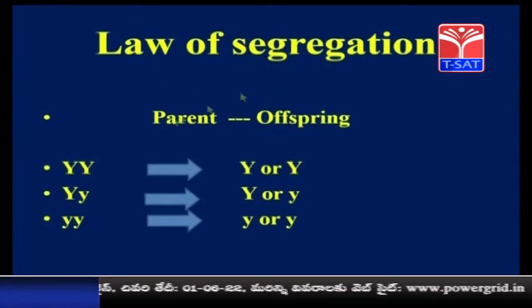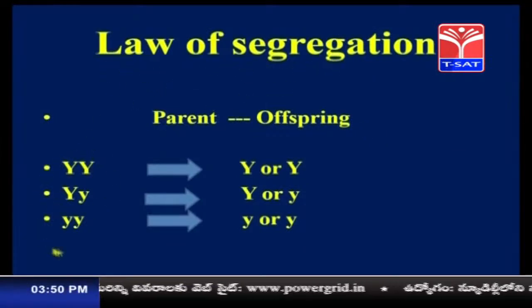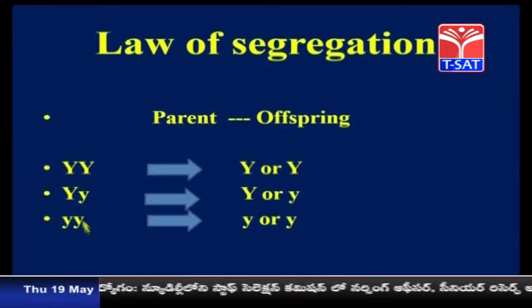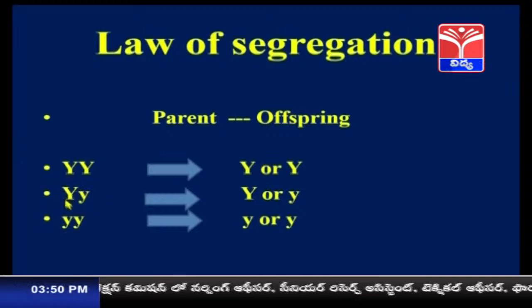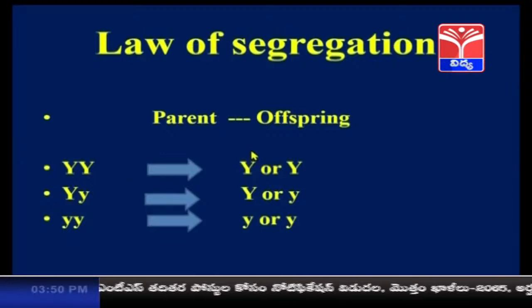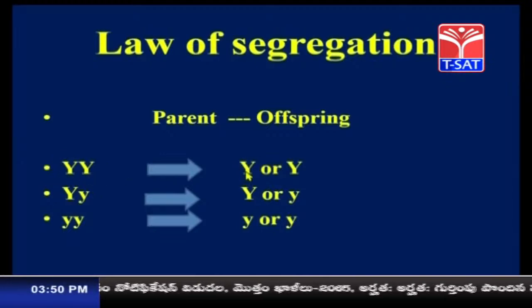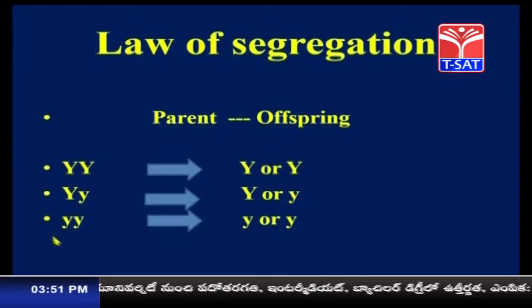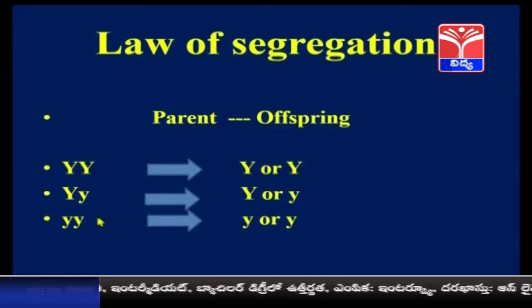Now, let us try to understand the law of segregation in terms of homozygous dominant, homozygous recessive, and the heterozygous condition. If you are talking about homozygous dominant, Y and Y, one gamete will get either this capital Y or this capital Y. In the same way, for homozygous recessive, each gamete formed will get the recessive allele, this one or this one.